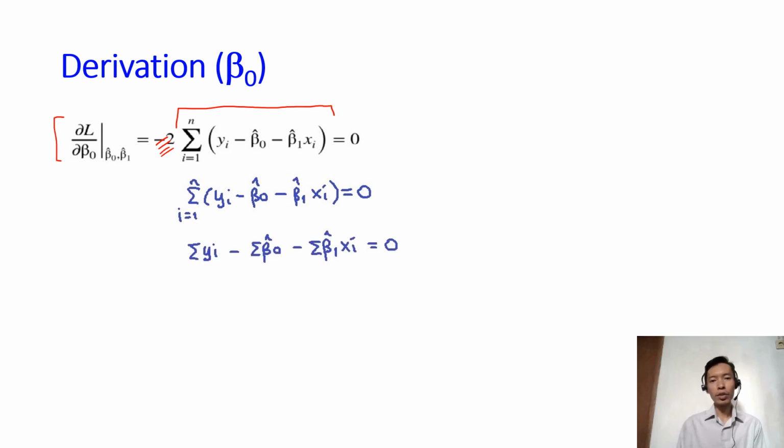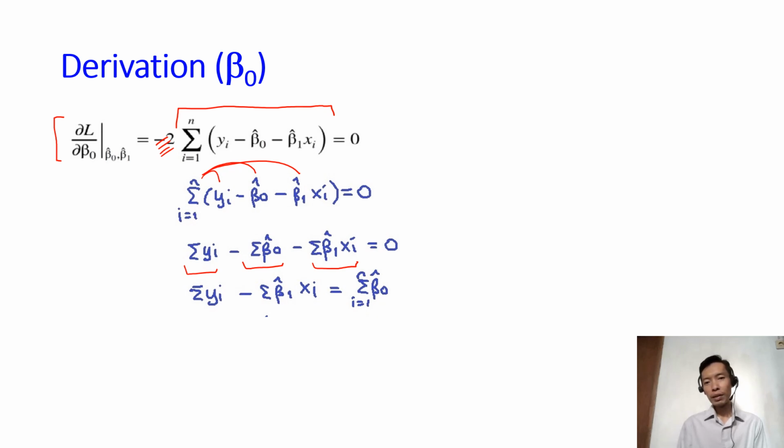And then next we take the summation inside the parenthesis, and then it will become the sum for each term. Okay. And then we realize that we may move this thing to the other side, because finally we would like to have beta 0 equals something, right?